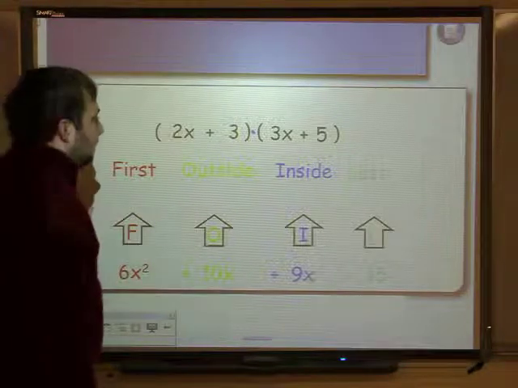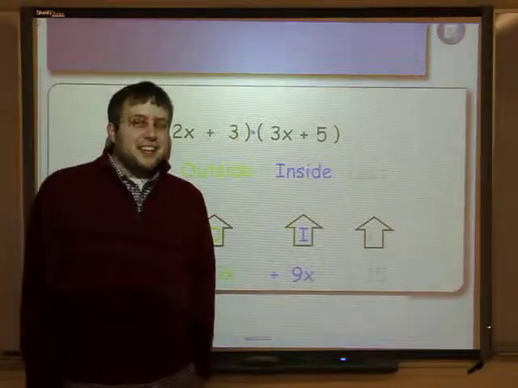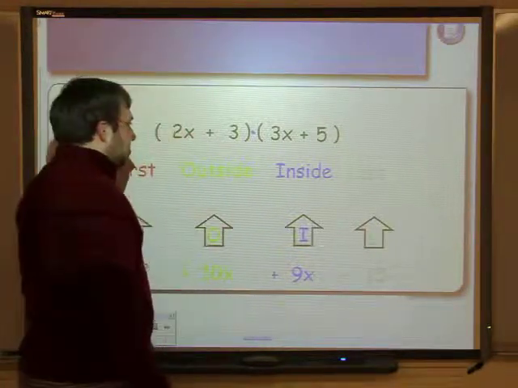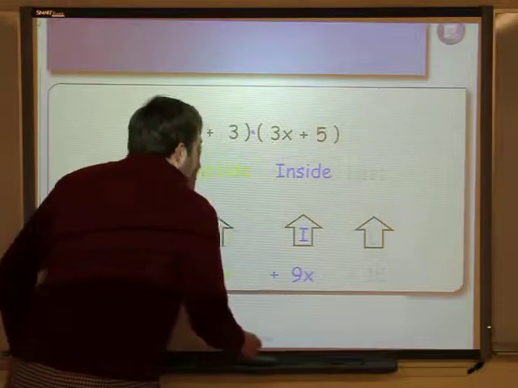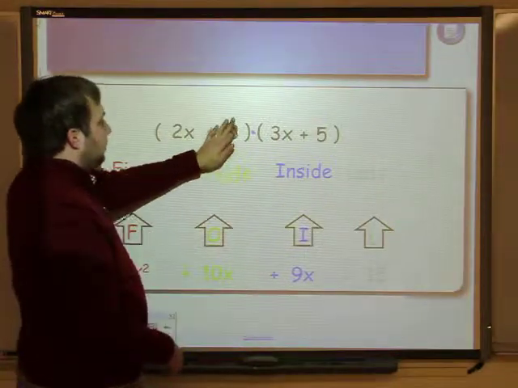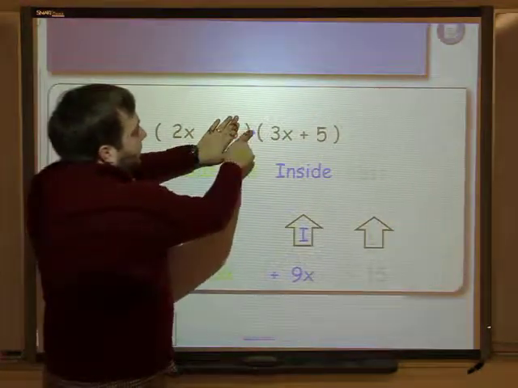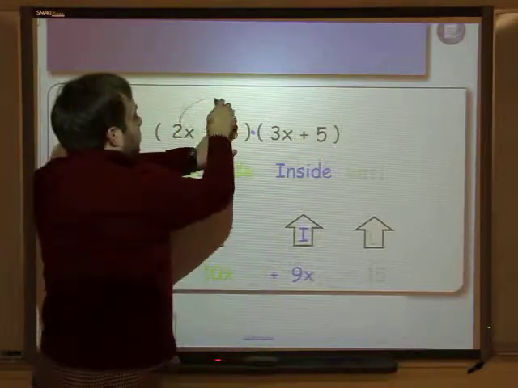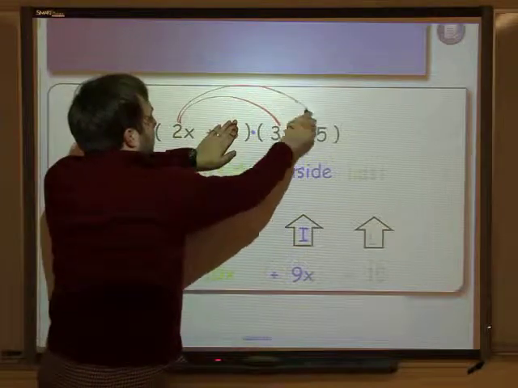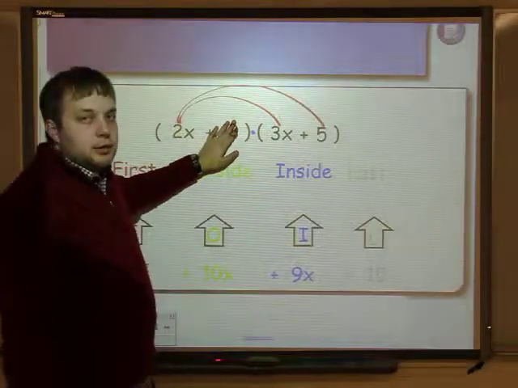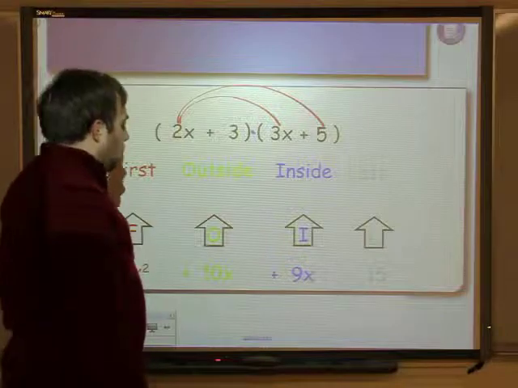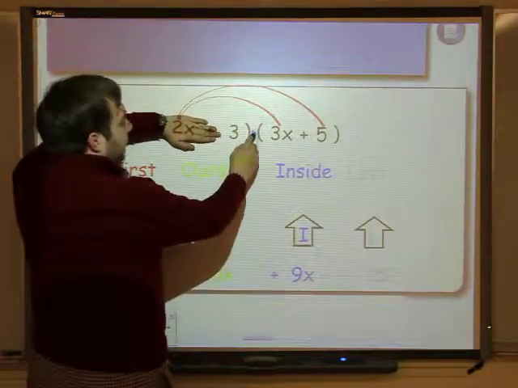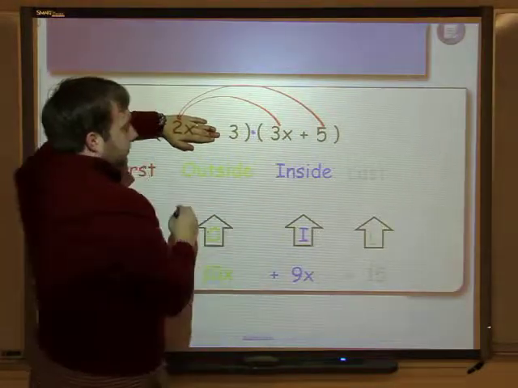So, basically, it's like distributive property here, guys. The only thing is, what would you do if it was just 2x times 3x plus 5? Well, you'd take 2x and you would multiply to both. Well, what would you do if it was just 3 times 3x plus 5?